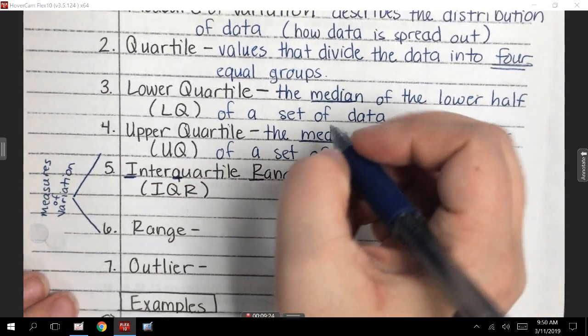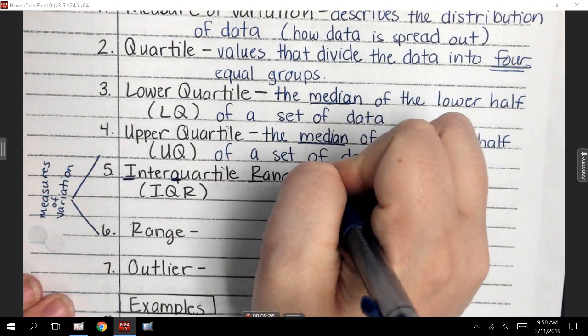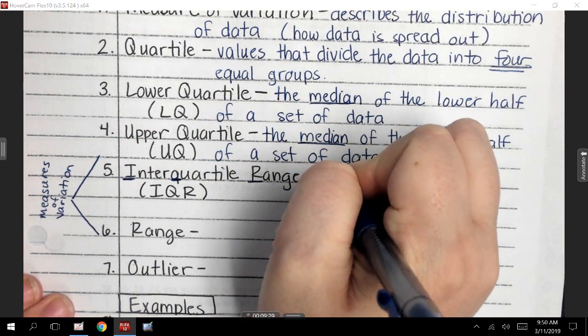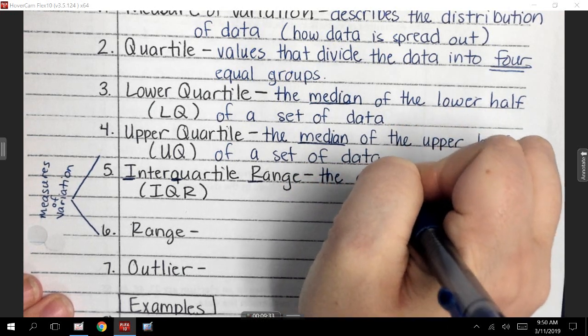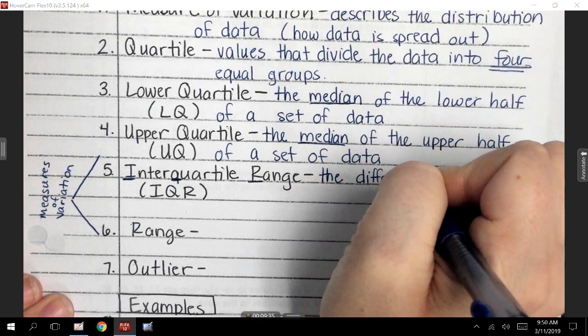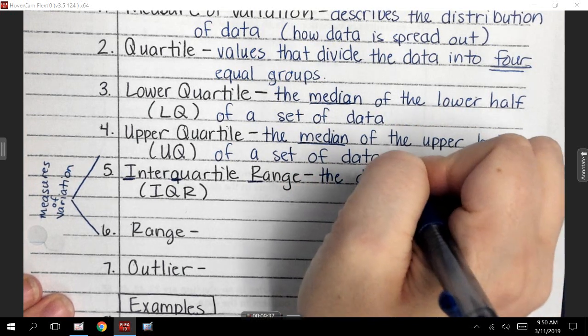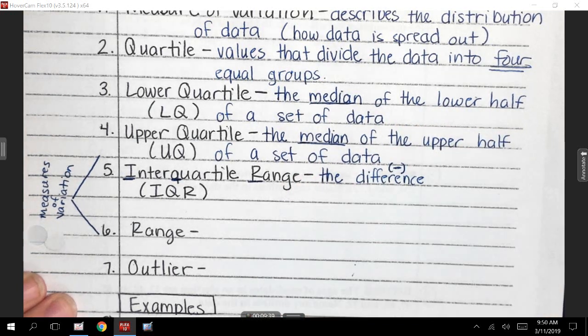So the way we're going to write that and the way you'll see this definition on your test where there is vocabulary is going to say the difference, because what does the word difference mean? Subtracting, difference, and just in case we need a reminder, we want to put a little subtraction sign right there.